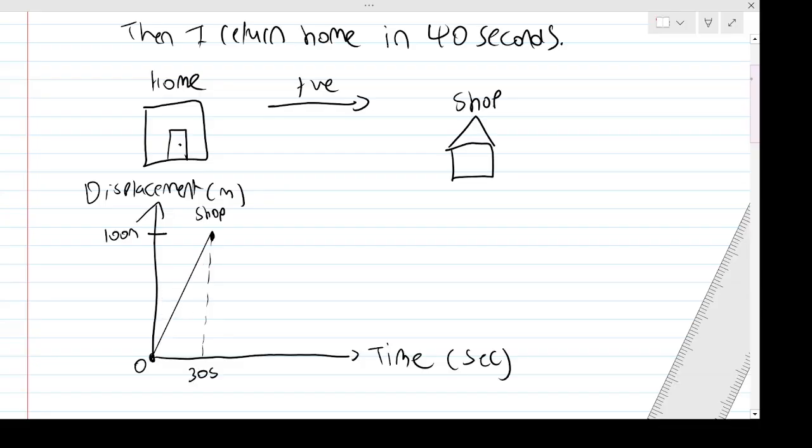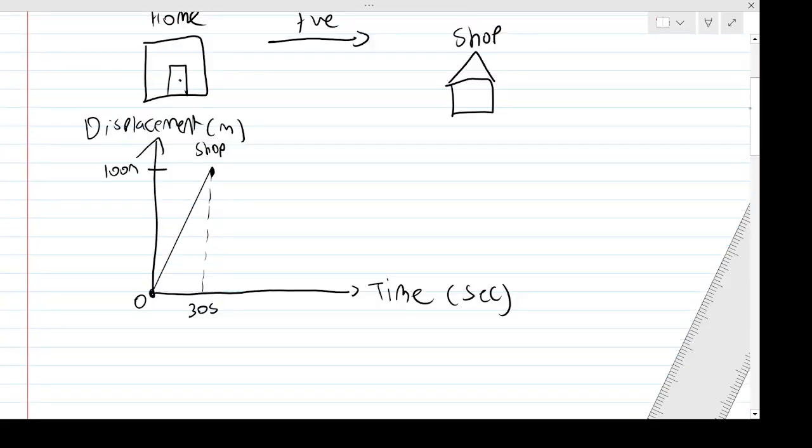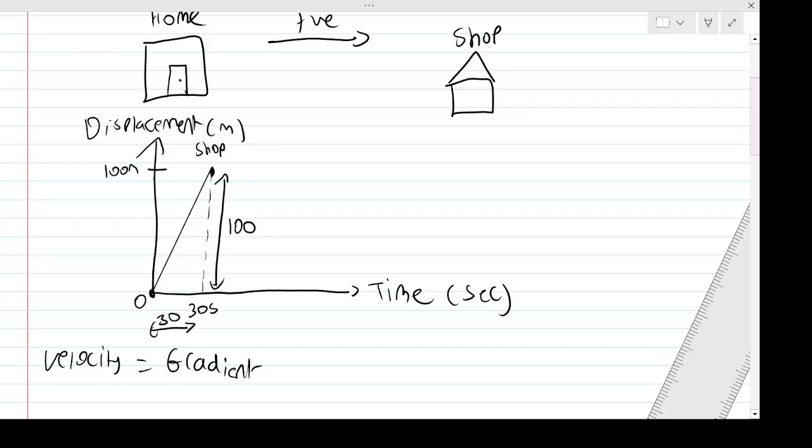Now, what else we can work out, quite interestingly, not only can we plot displacement and time, we can also work out the velocity at any point. So the velocity is the gradient of the graph. If we were to work out this gradient, well, the gradient is change in y over change in x, if you will. Obviously we've got displacement and time here. Now the change in displacement is 100 meters, and the time is just 30, from 0 to 30 seconds.